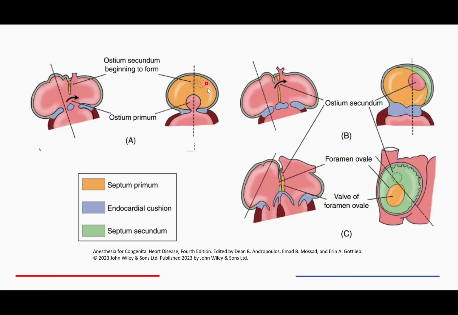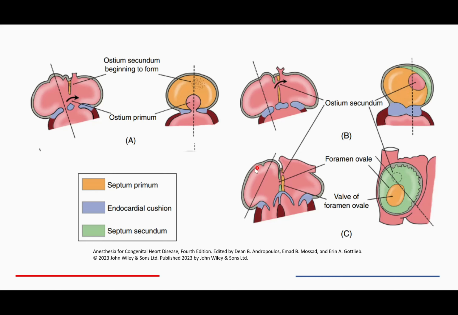These holes, if they get very large, and the part of the septum secundum that is left, it forms an ASD secundum.